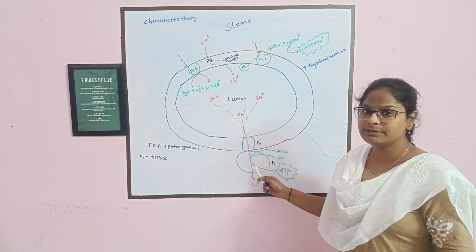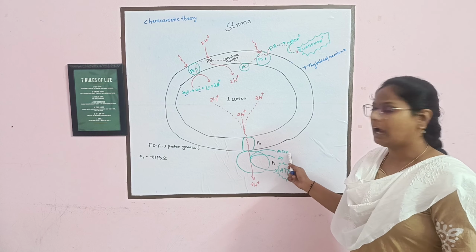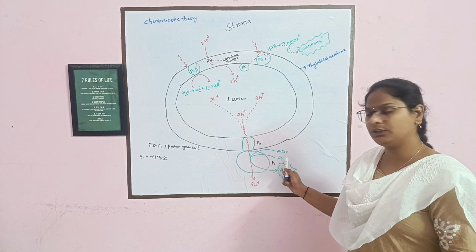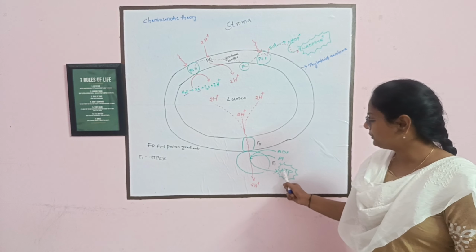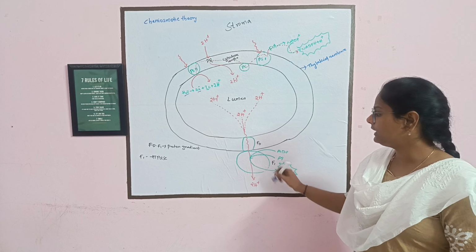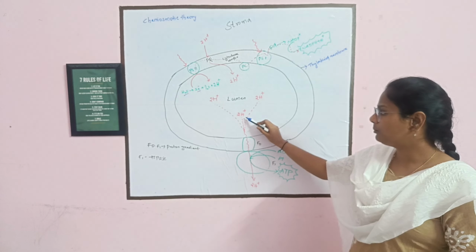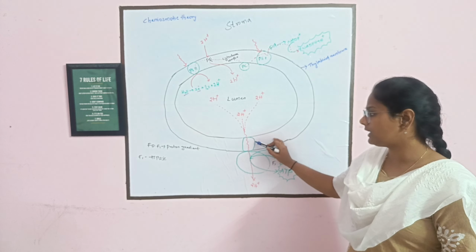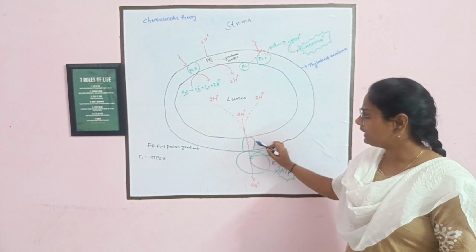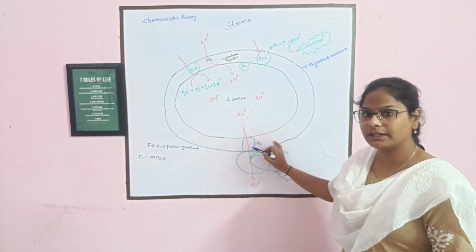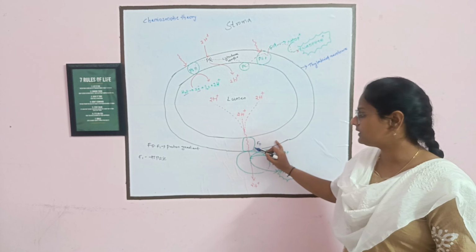So what is the role of ATP synthase? It takes in adenosine diphosphate along with inorganic phosphate to produce ATP, right? Now see here, while protons move through the F0 channel, it releases some energy.